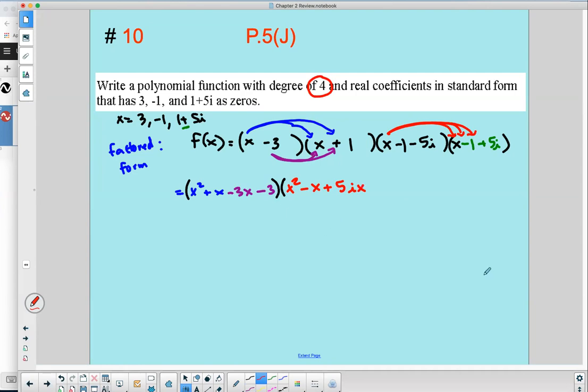Okay, now I'm going to switch colors. Negative 1 times x, negative x. Negative 1 times negative 1 is a positive 1. Two negatives cancel. And a negative 1 times 5i is negative 5i.